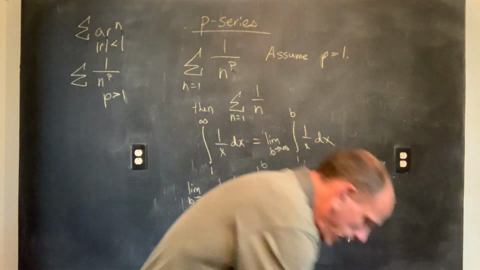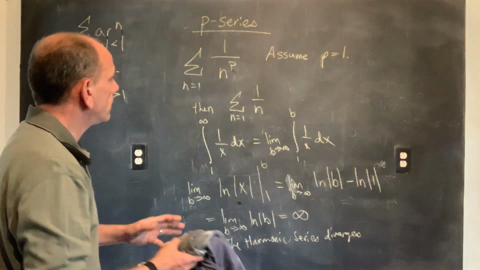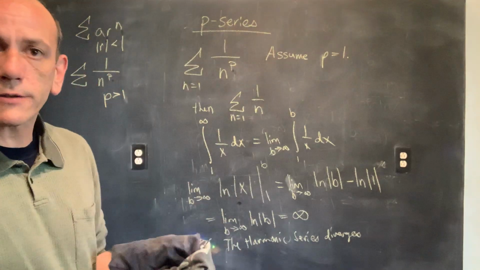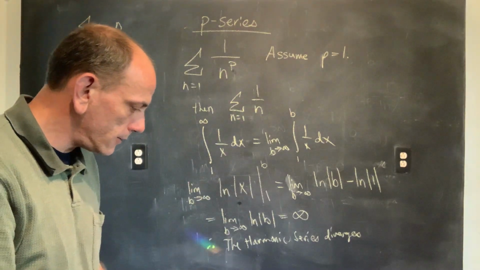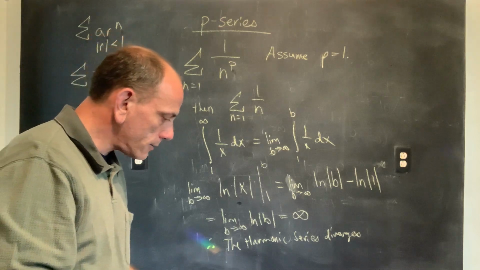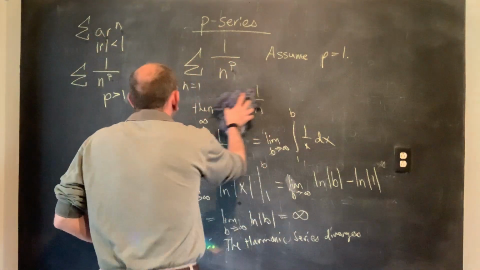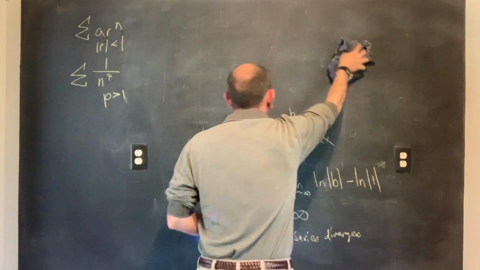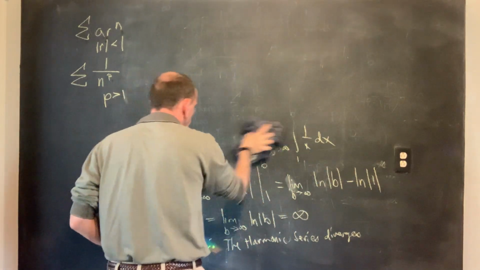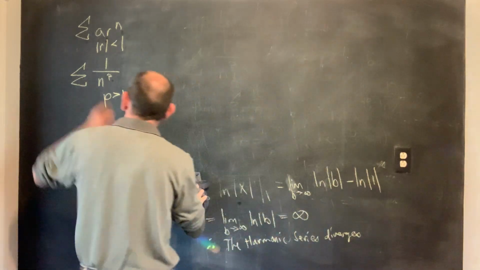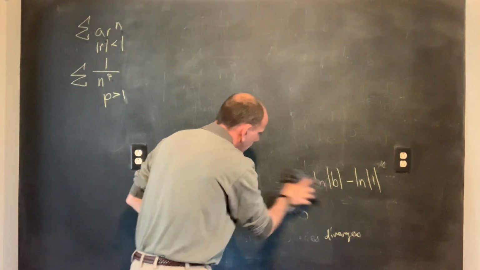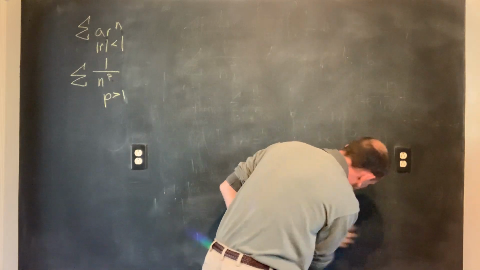All right, great. So a lot of times we can either just look at a series and say, oh, well, it fits one of these categories. Or we can leverage the knowledge that we've got based on these facts to find out about other series.